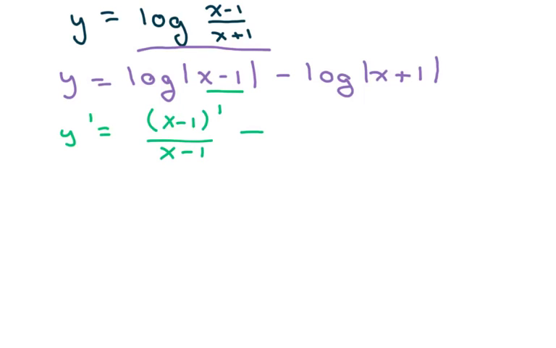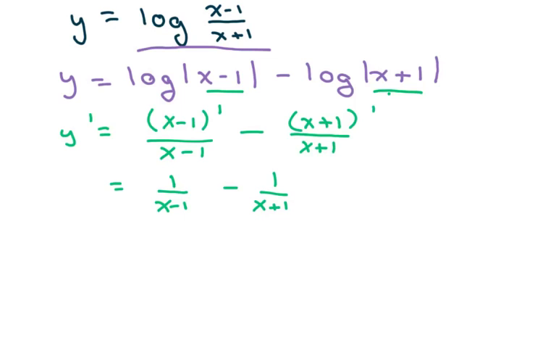And then this is going to be minus the derivative of x plus 1 over x plus 1. And that's the derivative. And so what we're going to get is 1 over x minus 1 minus 1 over x plus 1, because the derivative of this function is just 1, and the same with that one.